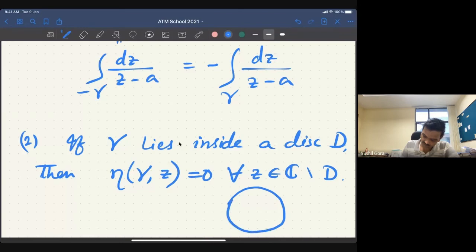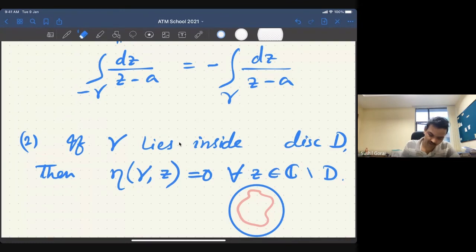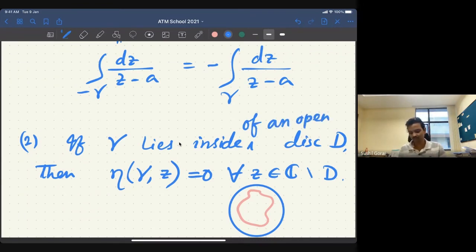This is a disk and gamma lies inside an open disk.